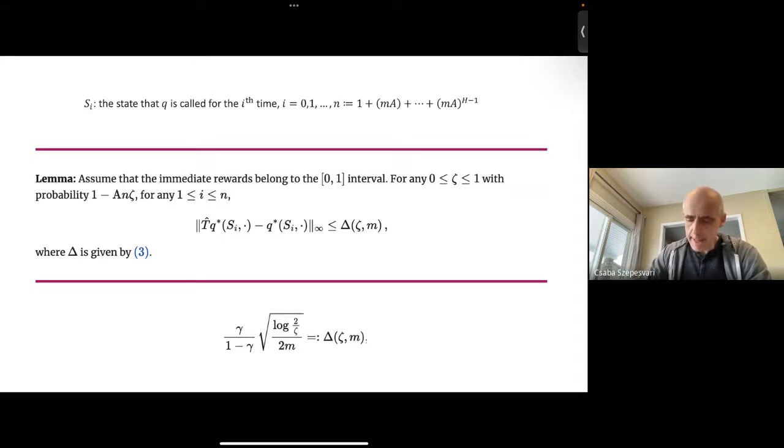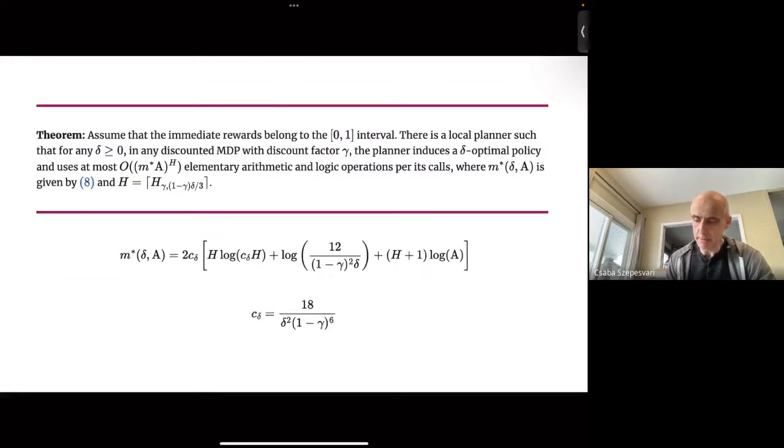Then at the end of the day, this theorem comes out, which says that we can choose m, the number of next states in this procedure, in the following way. If you're given a delta, which is your target suboptimality level, you choose your m to be this quantity or something larger. There is no dependence on s whatsoever here. So C delta is just an inverse polynomial of delta and a polynomial of the horizon.